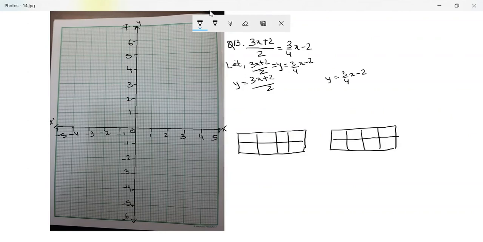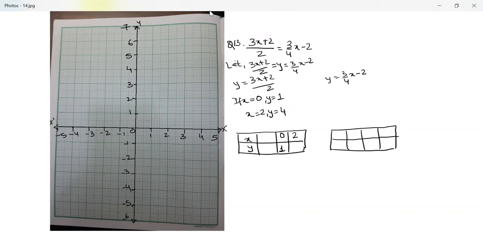So for the first one, if x is equal to 0, y will be equal to 3 into 0, that's 0, plus 2, 2 upon 2, which means 1. So this is x, this is y. If x is equal to 0, y is equal to 1. X is equal to 2, y will be equal to 3 into 2, 6, 6 plus 2, 8, 8 upon 2, 4.